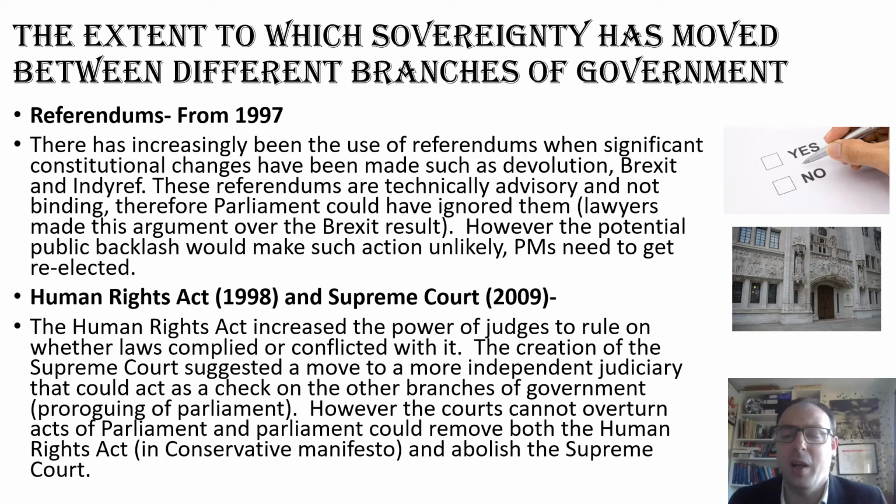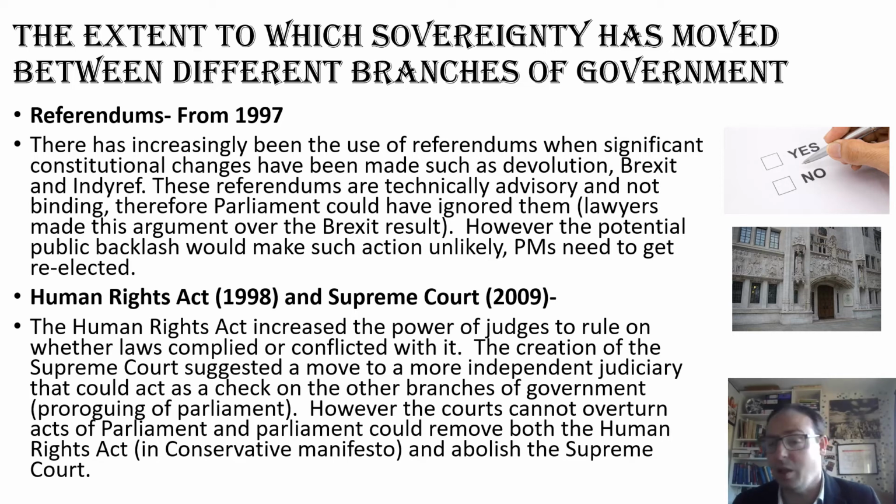Another area where it looks like a degree of sovereignty is shifted is in the area of rights in the judiciary. We have the Human Rights Act, which dates back to 1998, and we have the Supreme Court, which came into effect from 2009. The Human Rights Act increased the power of judges to rule on whether acts of Parliament, laws made, either complied or conflicted with the Human Rights Act.